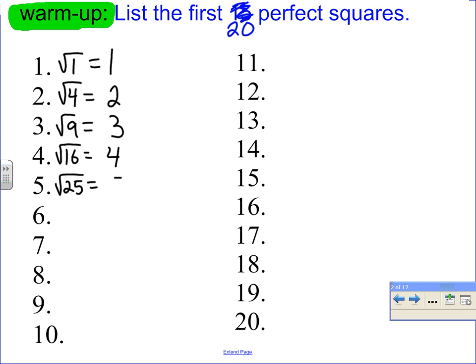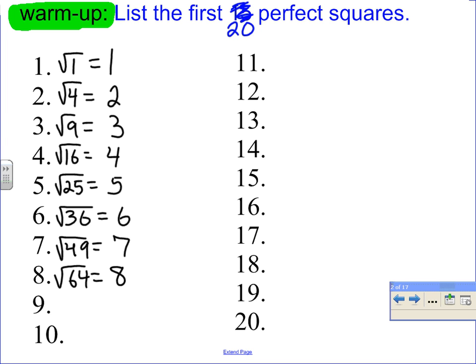Square root of 25, which is 5. Sixth one, square root of 36, which is 6. Square root of 49, which is 7. Square root of 64, which is 8. Square root of 81, which is 9. Square root of 100, which is 10.